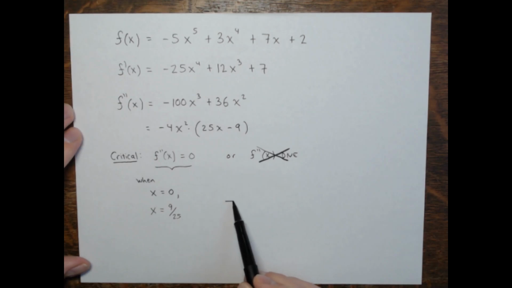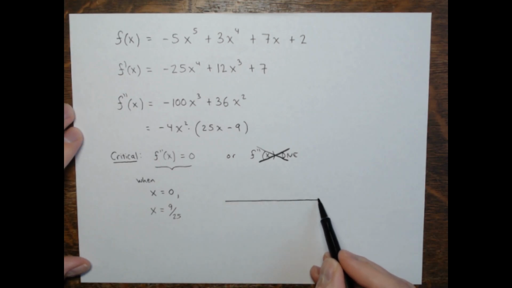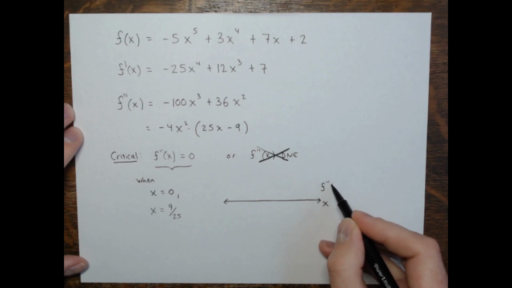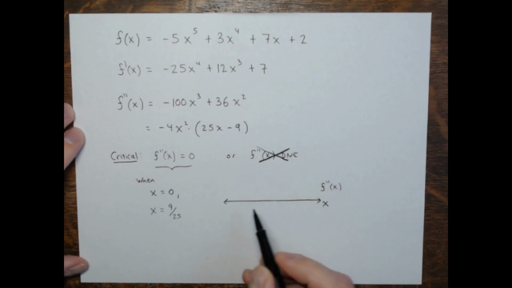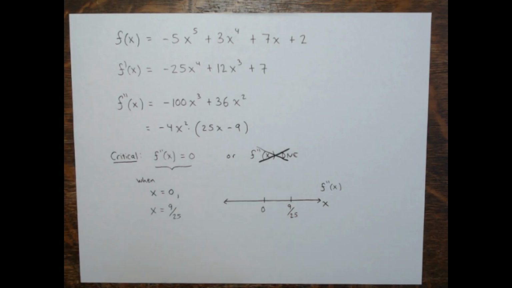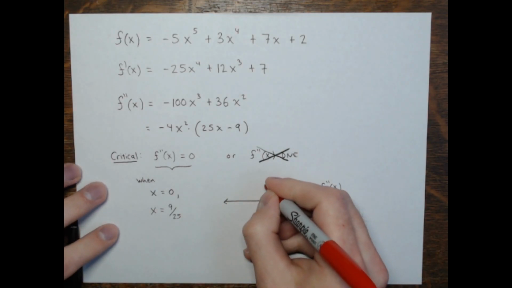Then I'll make a number line for the second derivative, right? So here's, imagine the x-axis, and we're seeing what's the value of f double prime now at 0 and 9/25. The value of the second derivative is 0.